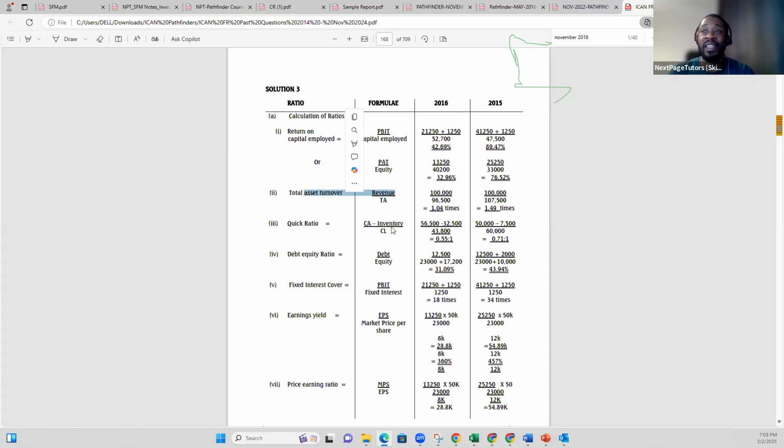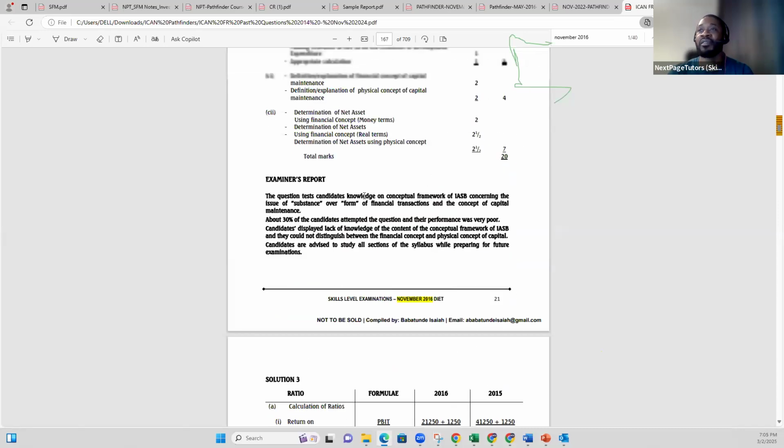If you do what we have in the Excel sheet, they won't mark you totally wrong. I've emphasized for you that all you need to do is to be consistent. Very, very important. And then quick ratio, just as usual, take out your inventory from your current assets before dividing with current liabilities. It's as simple as that, really.